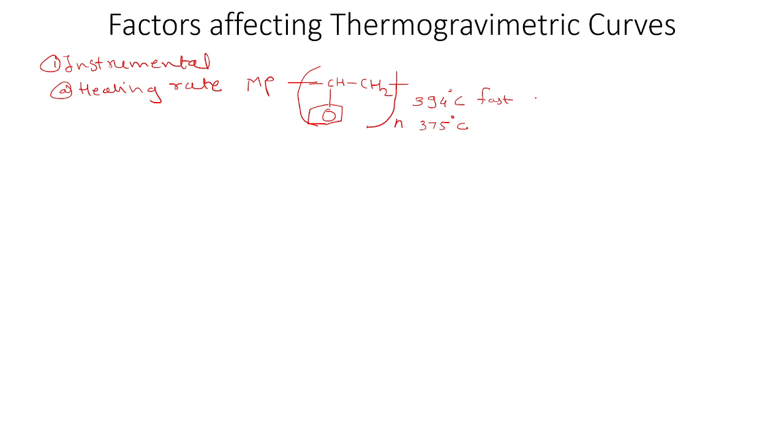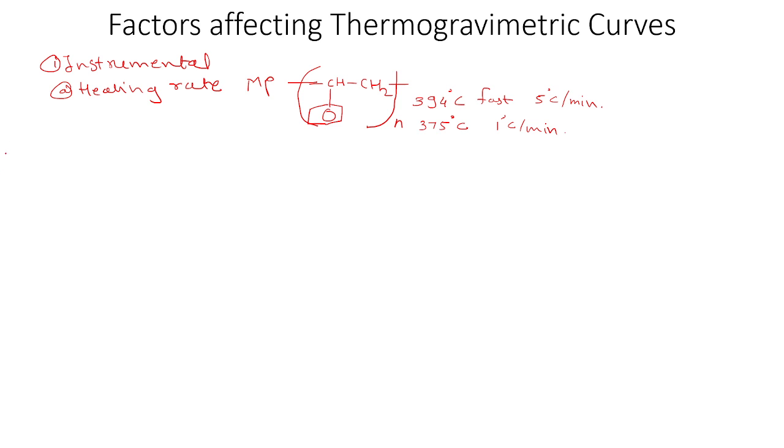Here the rate is 5 degrees Celsius per minute, and here 1 degree Celsius per minute. So at a slower rate, there is uniform heating, and the change in the weight can be noted effectively, or you can say accurately.